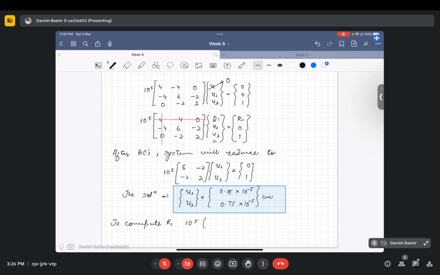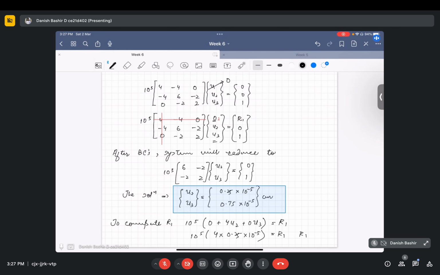Then it is 4 times 0 will be 0 plus 4u2 plus 0u3, is equal to R1. So 10 to the power 5, 4 times u2 which is 0.25 times 10 to the power minus 5, equals R1.